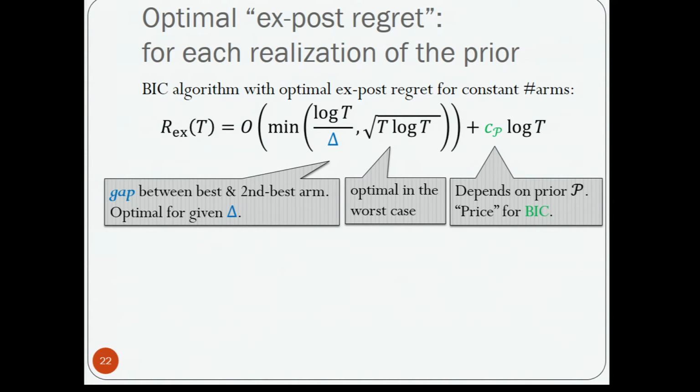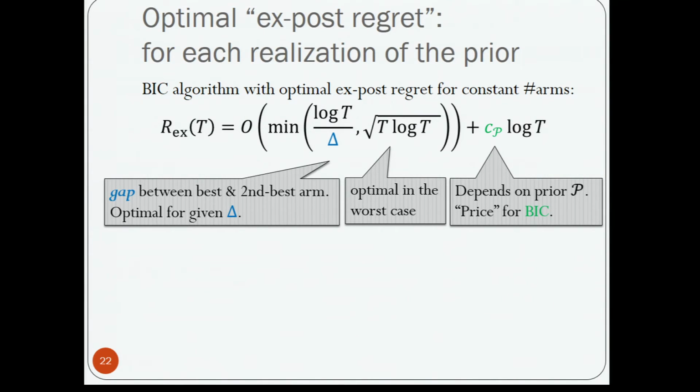It's in this term, which is essentially about how difficult it is to convince an agent to try arm 2, which is about how concentrated the prior is on the goodness of arm 1.